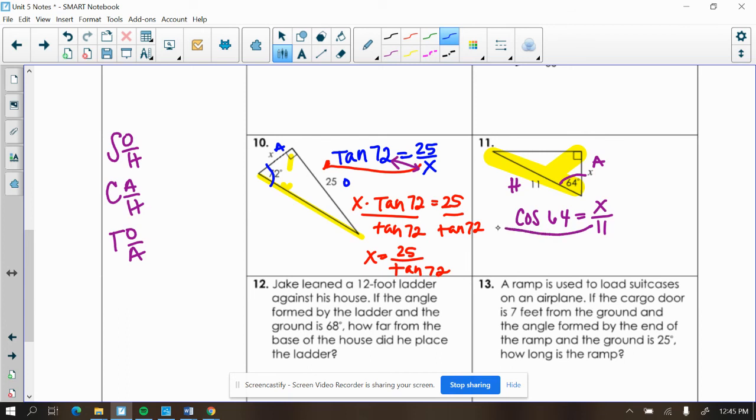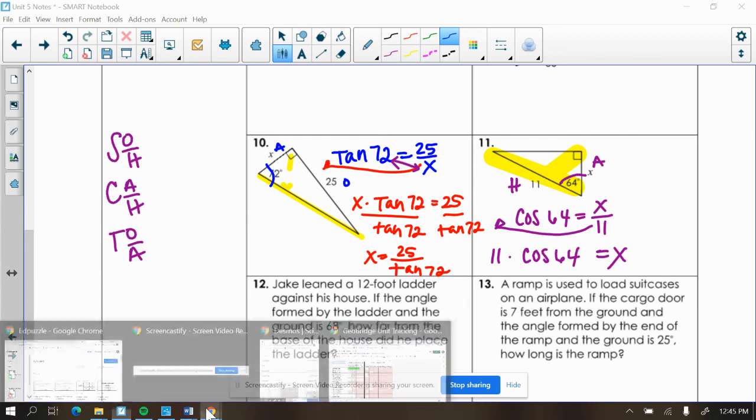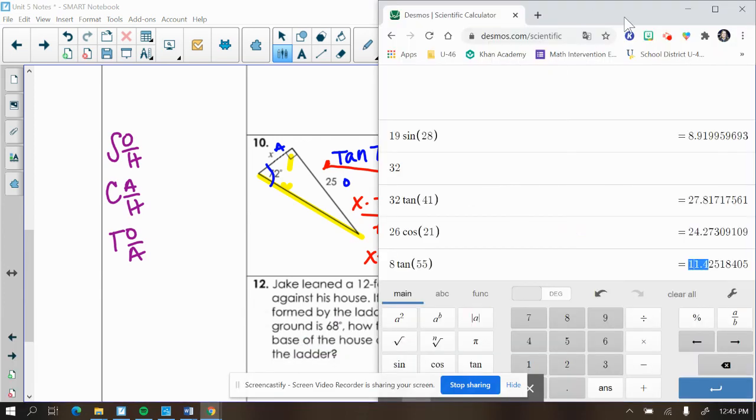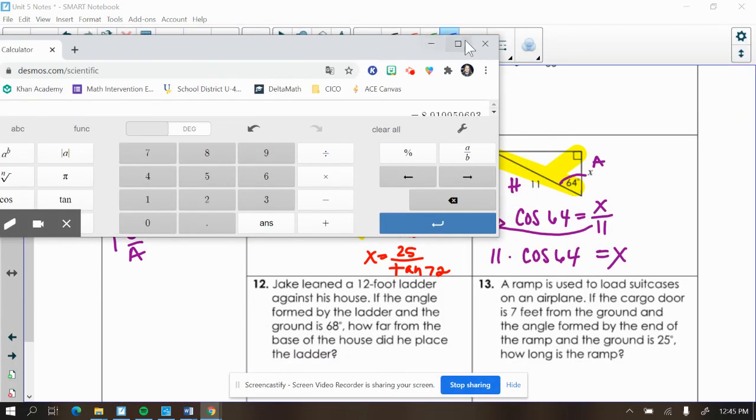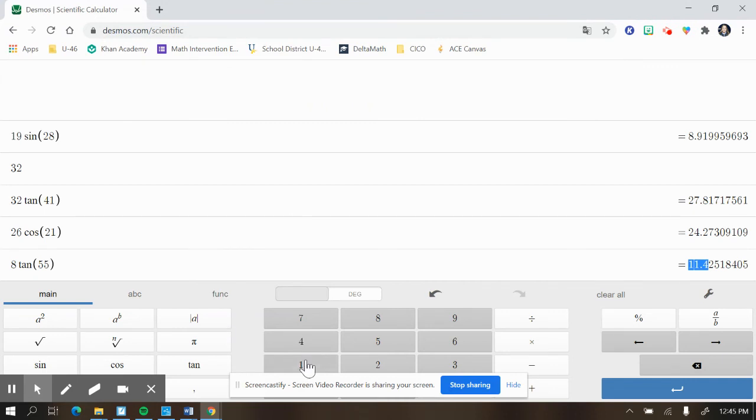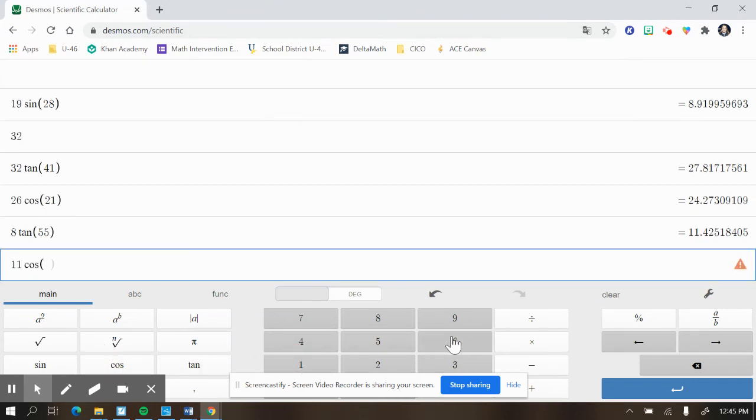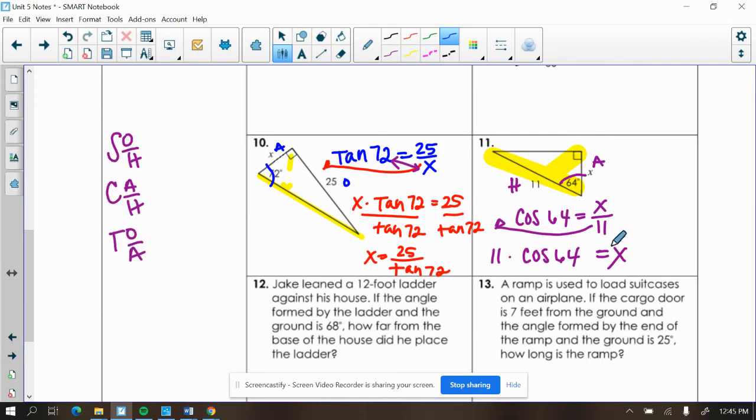Again, we're just moving that 11 to the front and then plugging it in our calculator. 11 times cosine 64 equals x. 11 times cosine of 64 is 4.8. Okay, so x equals 4.8.